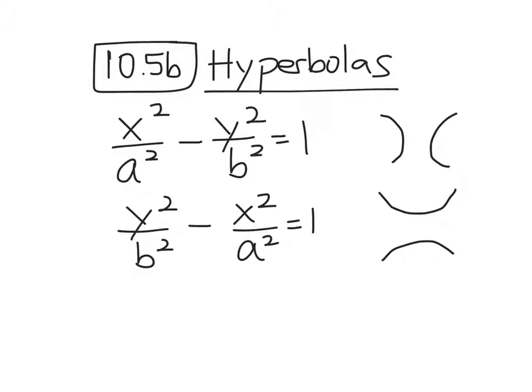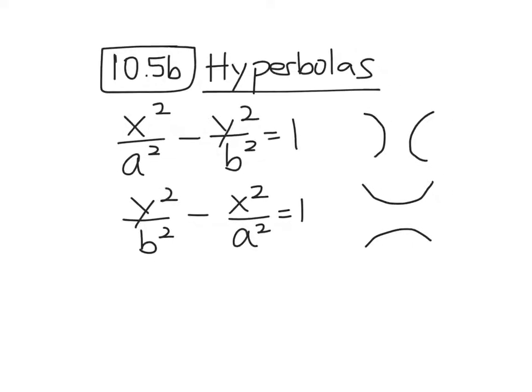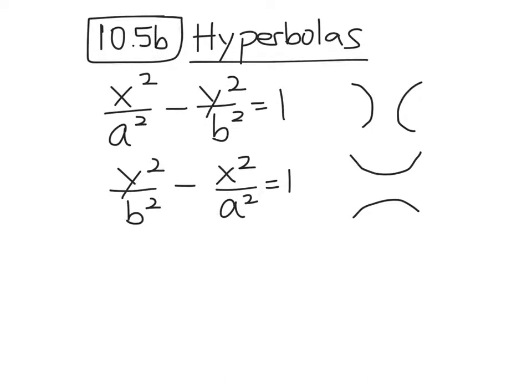Now, one thing I didn't tell you yesterday that I'll tell you today is that this right here, in between the vertices, from there to there, is called something. It's got a fancy name: the transverse axis.